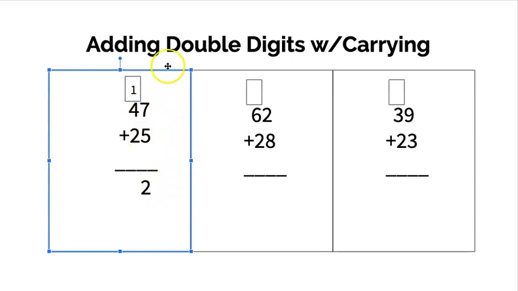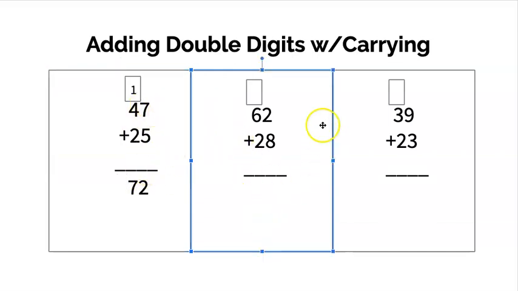Then we carry that 1 over to the tens spot because it has to stay in the tens column. Then we say 1 plus 4 is 5, and then 5 plus 2 more is 7. So we have 72 as our answer.